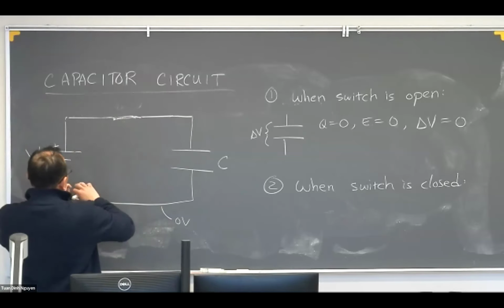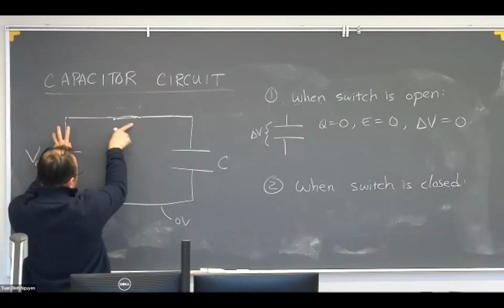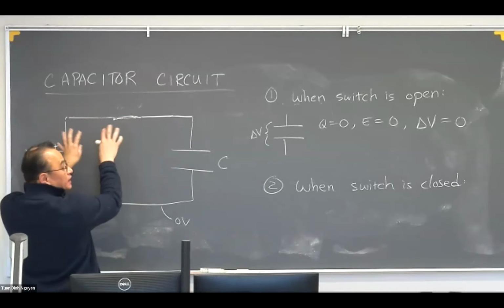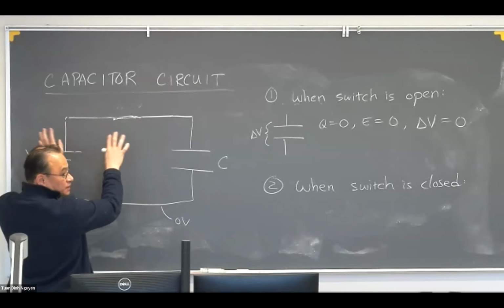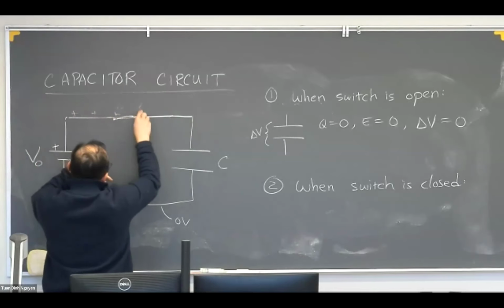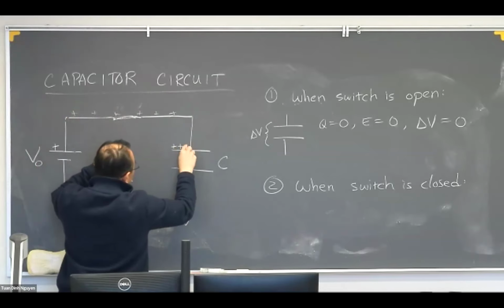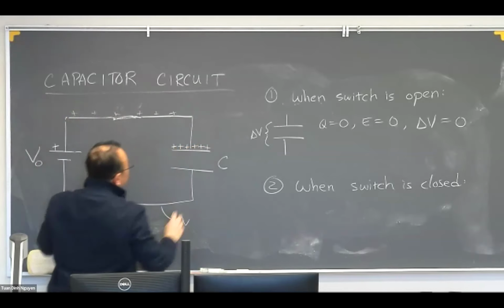So charge now, remember it was all plus here. Now there's a way to get out because it doesn't want to be next to each other. It's repelling, so it flows out this way. So everywhere would be charged up, including the capacitor.